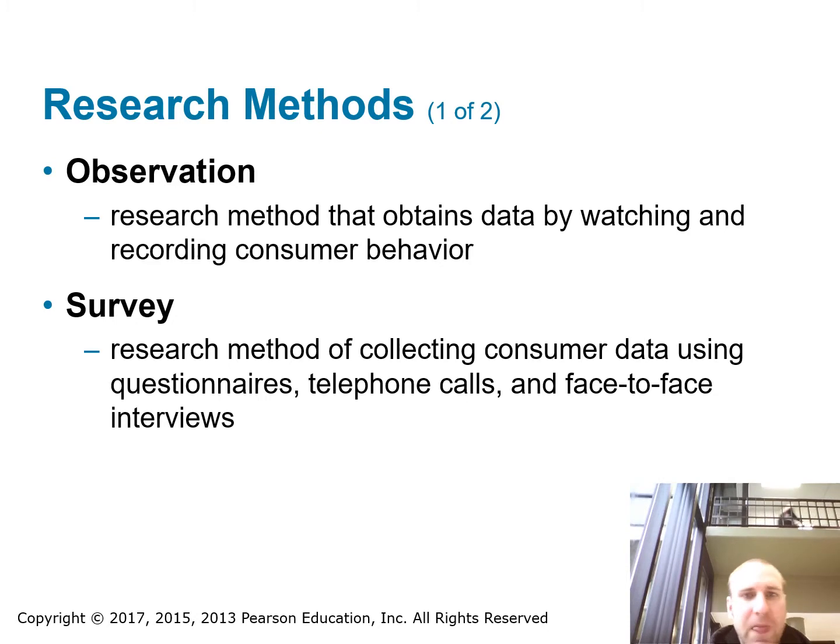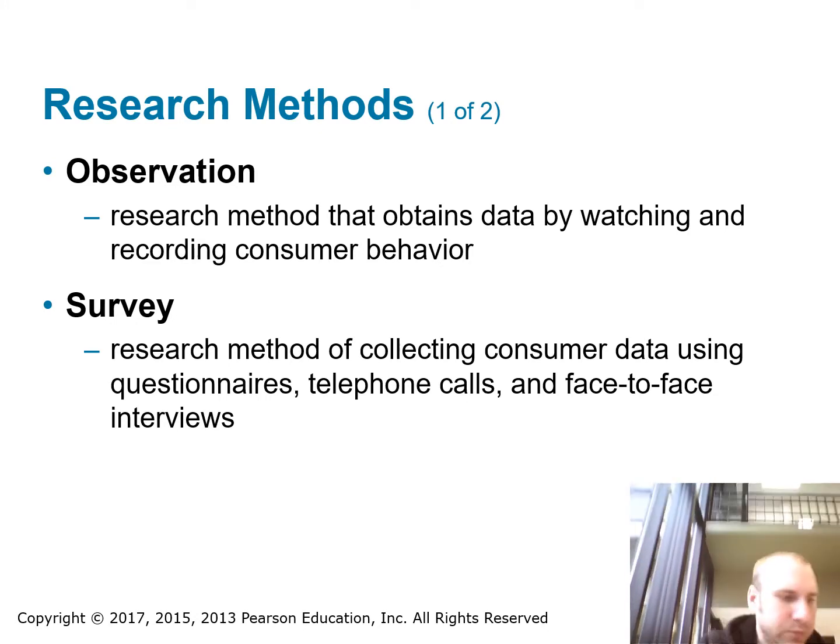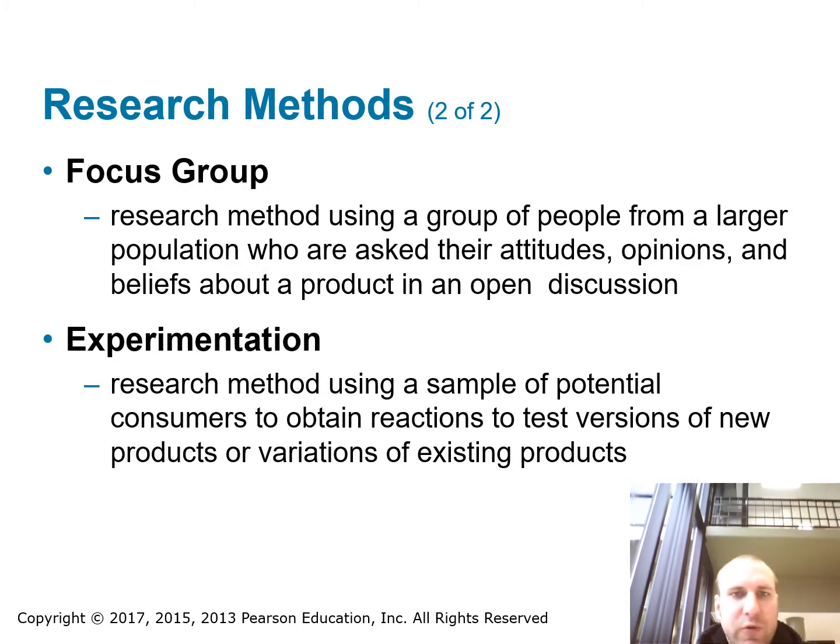Research methods: observation, a research method that obtains data by watching and recording consumer behavior. Survey, a research method of collecting consumer data using questionnaires, telephone calls, and face-to-face interviews. Focus groups, a research method using a group of people from a larger population who are asked their attitudes, opinions, and beliefs about a product in an open discussion.